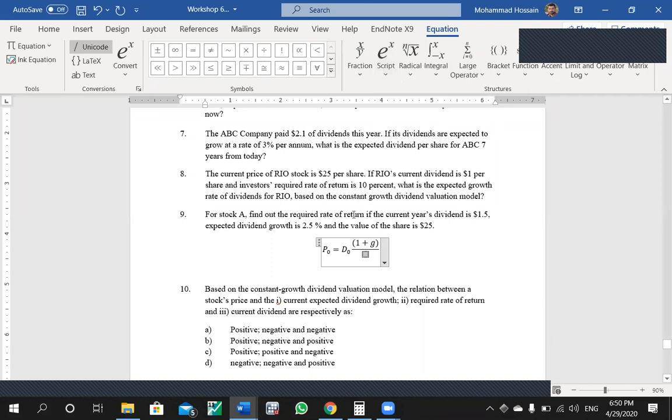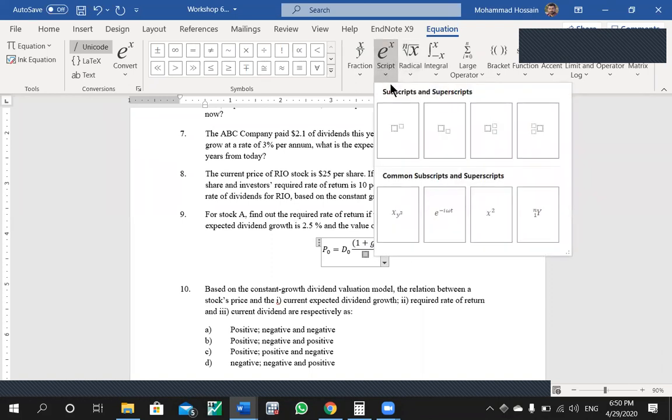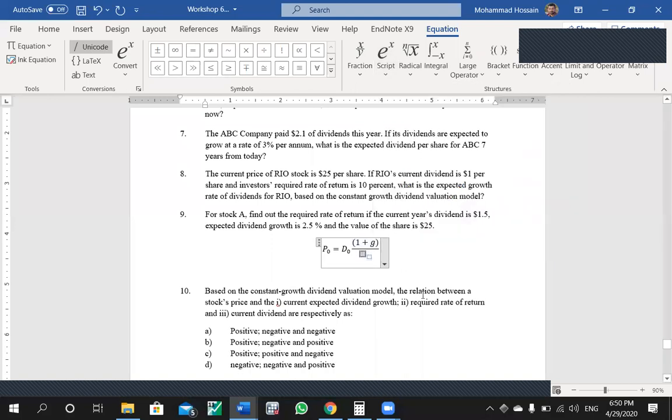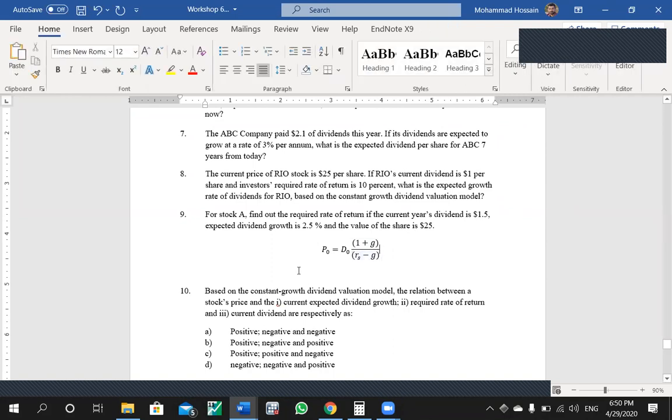You have to find out the required rate of return, Rs. So this is our formula, and P0 is given, which is 25.